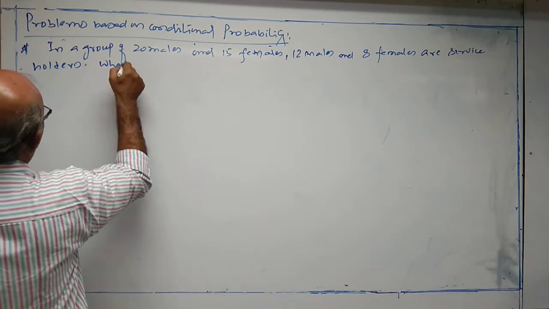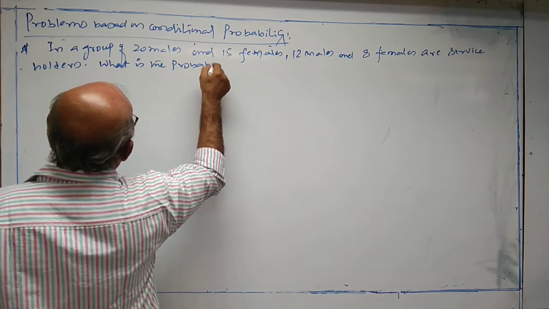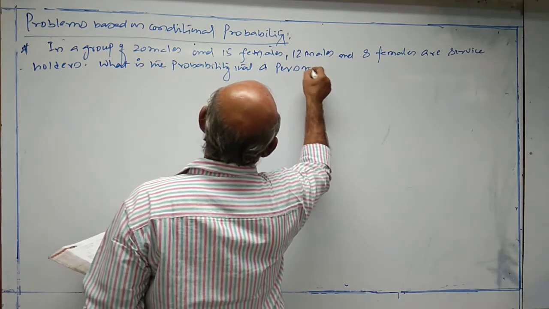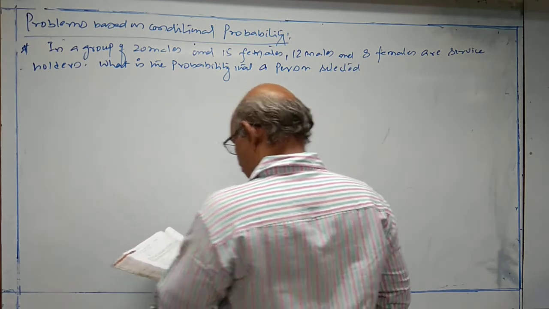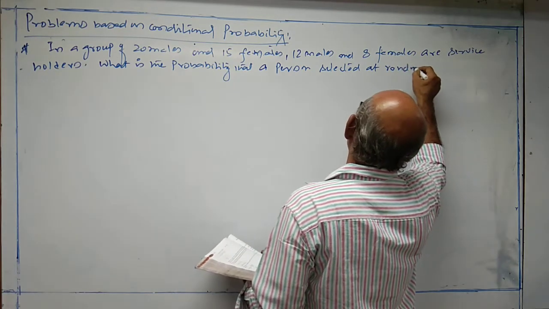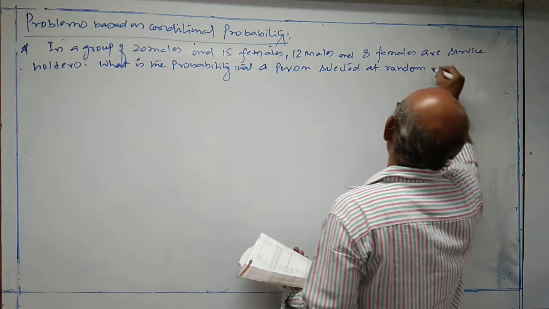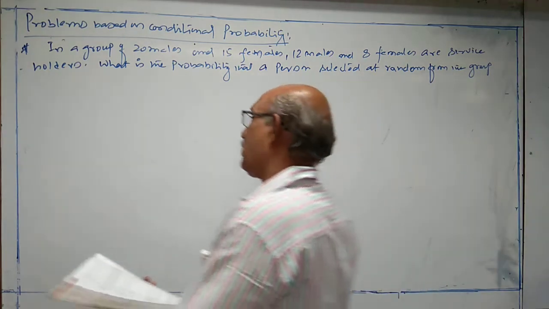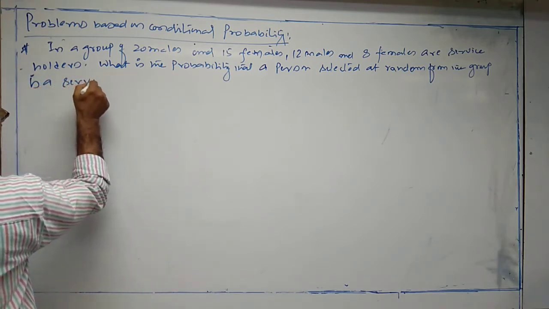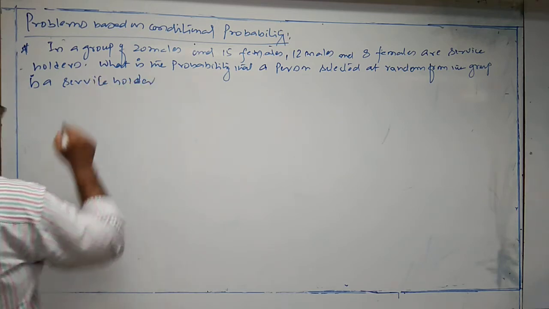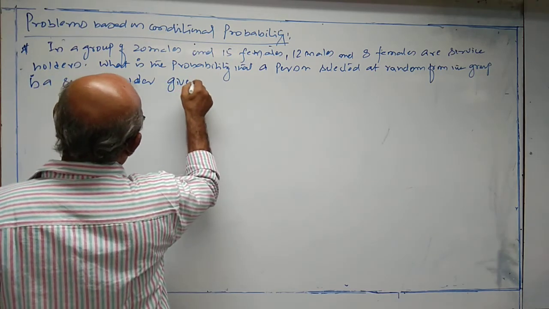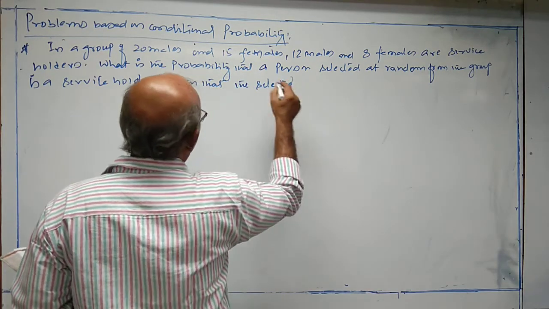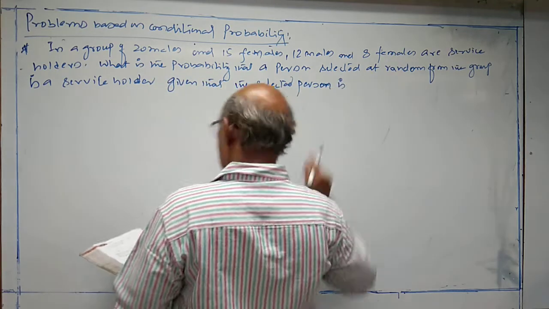What is the probability that a person selected at random from the group is a service holder, given that the selected person is a male?